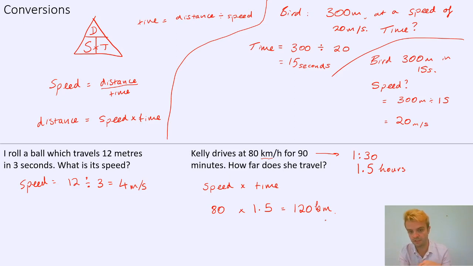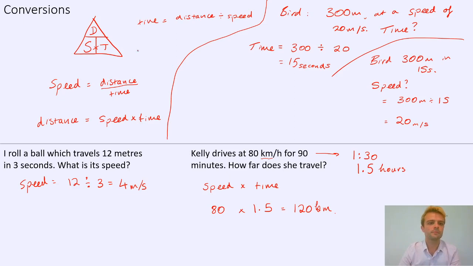Half of 80 is 40, so that's how far you go in the last 30 minutes, and 80 plus 40 is 120. Don't worry too much if that sort of rough way of checking is a bit complicated, because it is just a check, and if you've done your working out right, then the check doesn't give you anything extra. It's just a little way of making sure your answer makes sense.